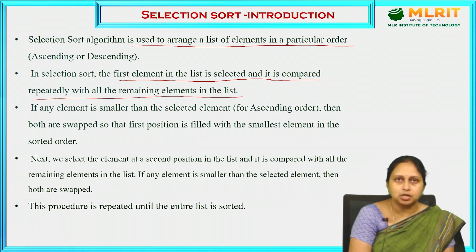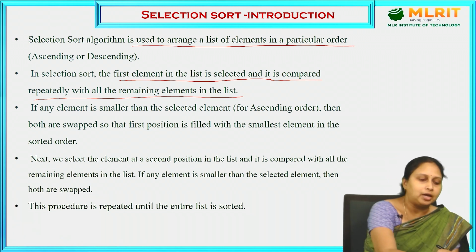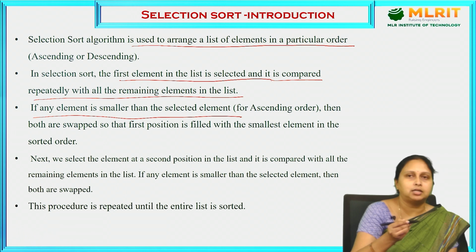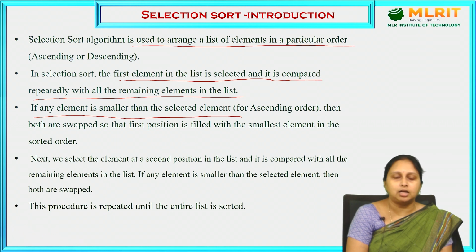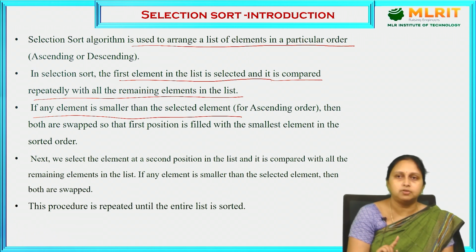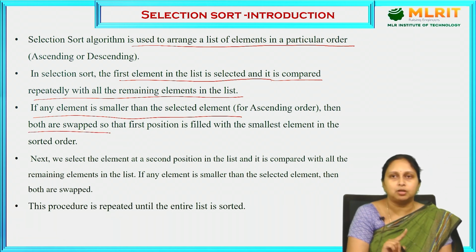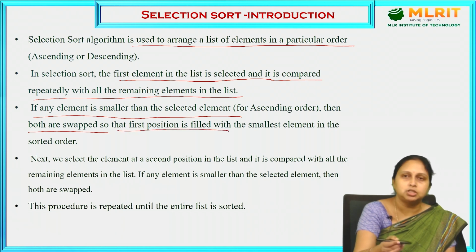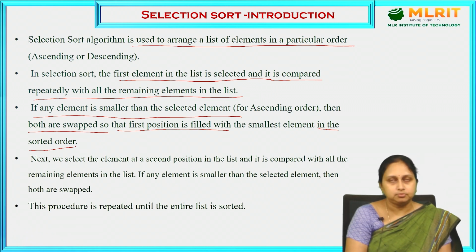If any element is smaller than the selected element, the first element we already selected, that means any other element that is smaller than the first element which you have selected, then both are swapped, so that the first position is filled with the smallest element in the sorted order.